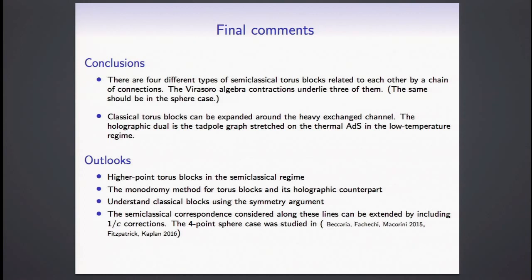Also, we holographically realized the one-point torus blocks, and the corresponding geometry in the bulk is just the thermal AdS, and the correspondence holds, as I said before, in the low temperature regime. So there are also some open questions, and unfortunately I have no time to list them. Thank you very much.